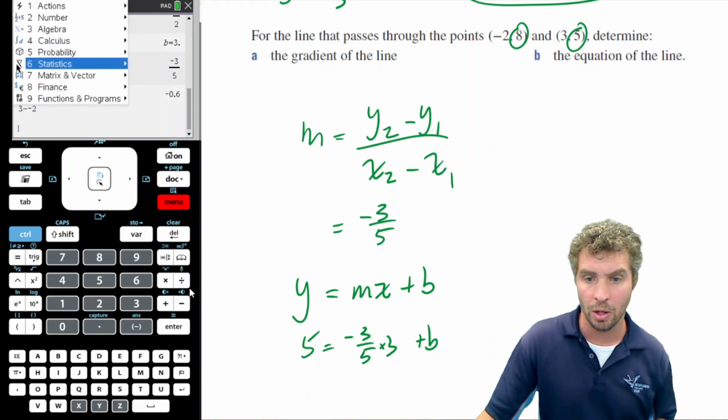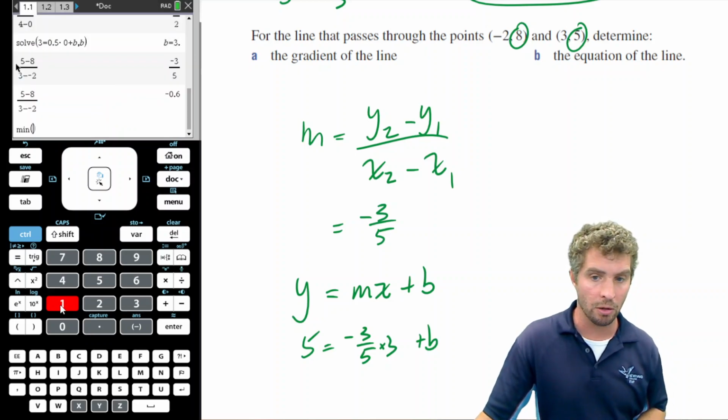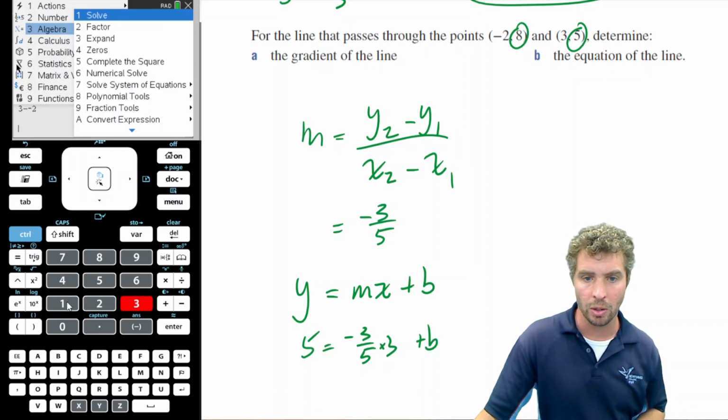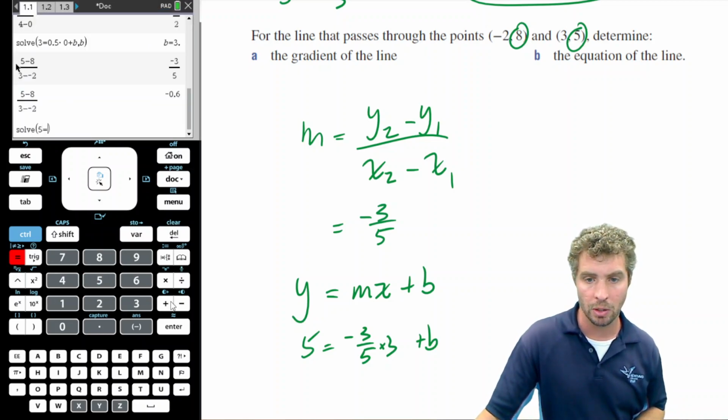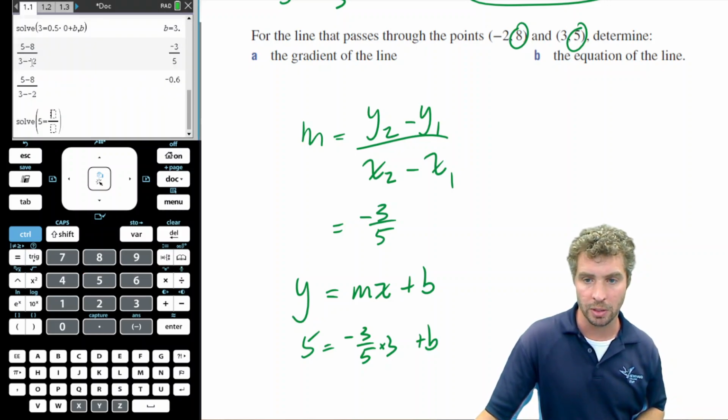So menu 3, 1 for solve. Oops, that's not right. Menu 3, 1 for solve. And I'm going to do 5 equals, I'll put a little fraction. I could put negative 0.6, but negative 3 over 5, get out of the fraction, times 3 plus b, solve for b, enter.